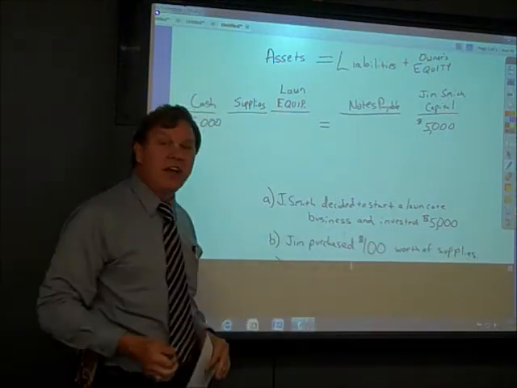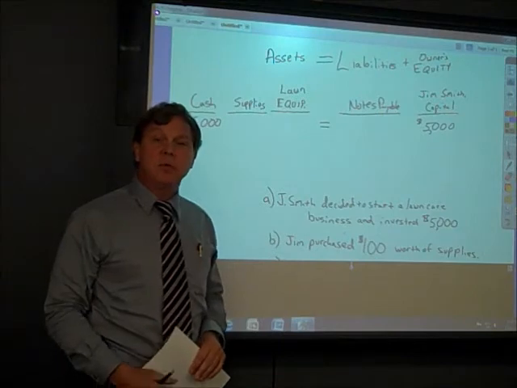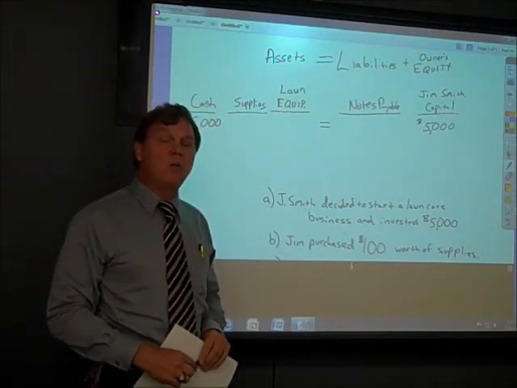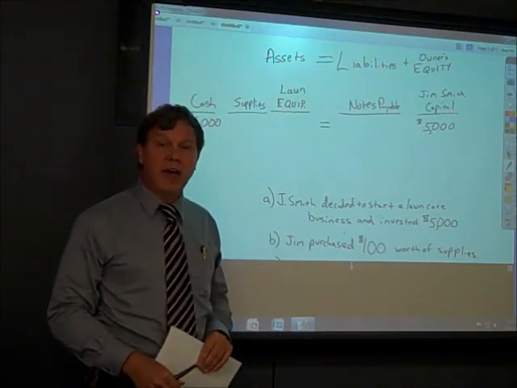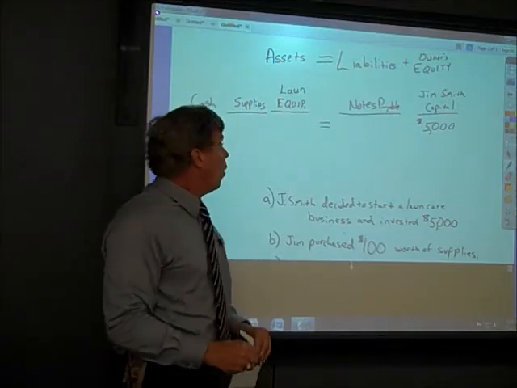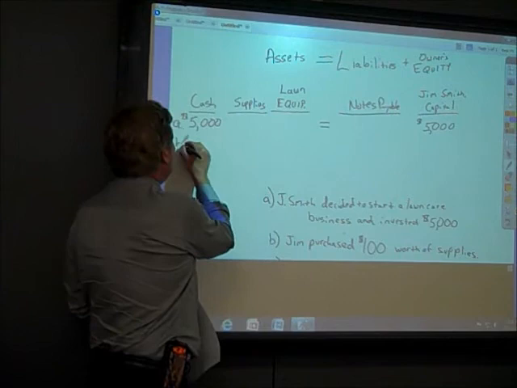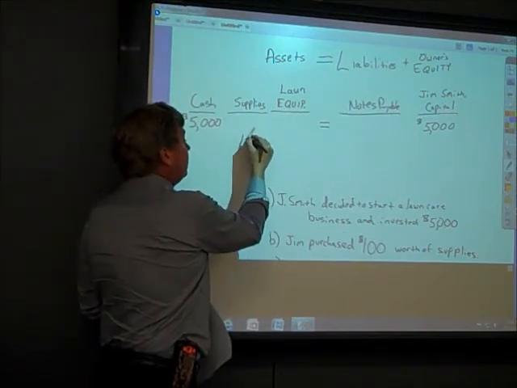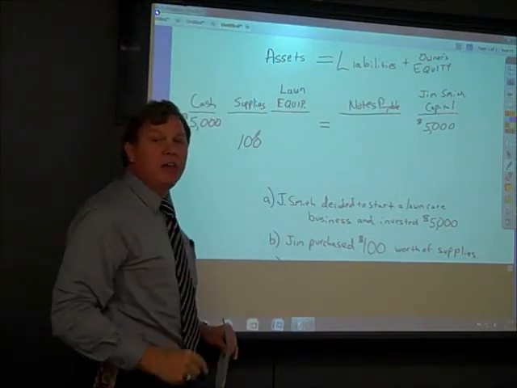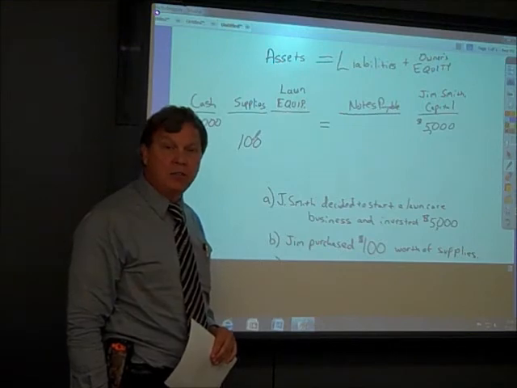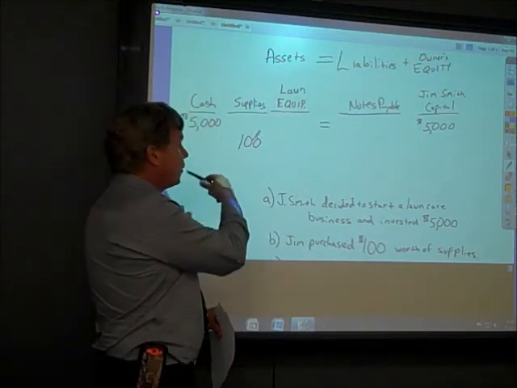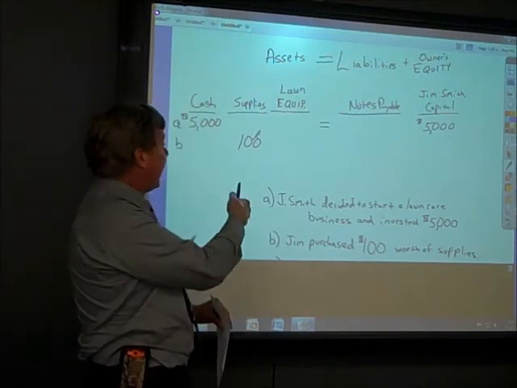The second transaction I have here is that Jim purchased $100 worth of supplies for cash. Well, in our supply account, Jim's Lawn Care now has $100 worth of supplies, more than it had before, but it had to give up something.